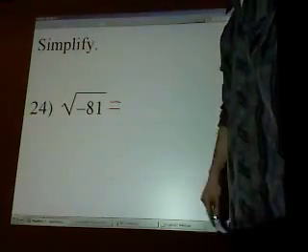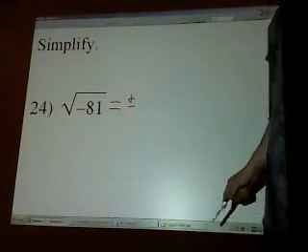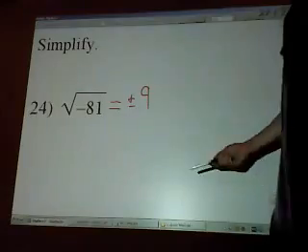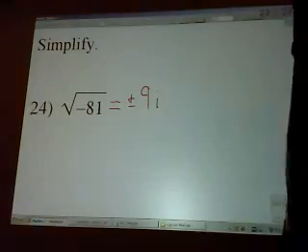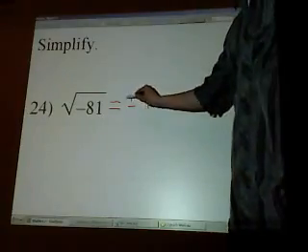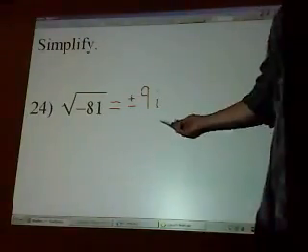So, like I said, put your plus or minus. The square root of 81 is 9. And then don't forget to put the i. That's your answer for this one, all right? 9i times negative 9i.